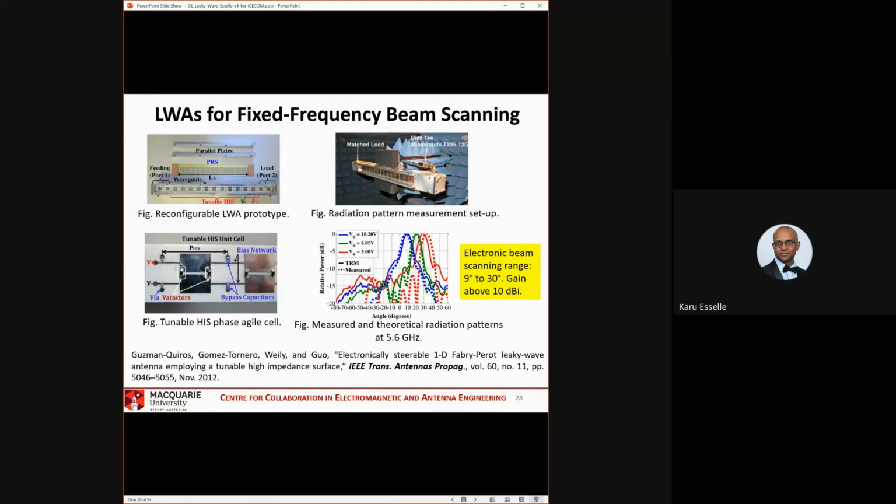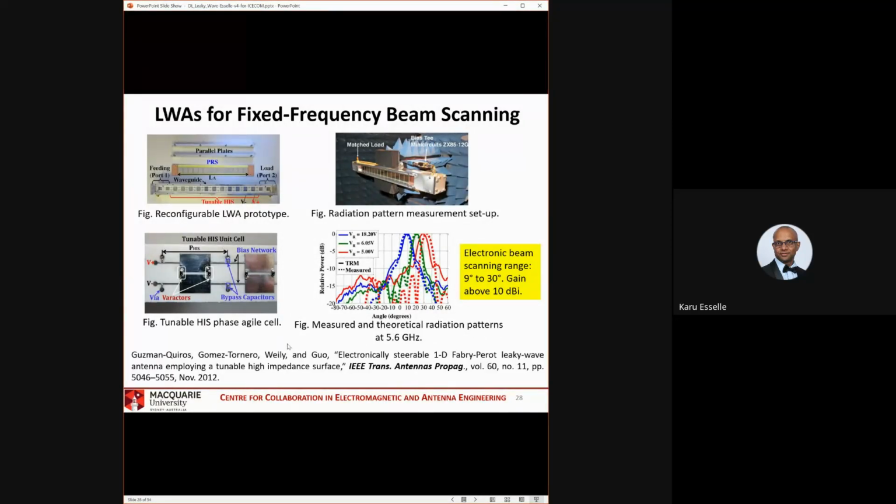This is another one with another group in UTS with some Spanish collaborators. That's quite complicated system. This is based on the 1D Fabry-Perot leaky wave antenna, which my group published earlier.